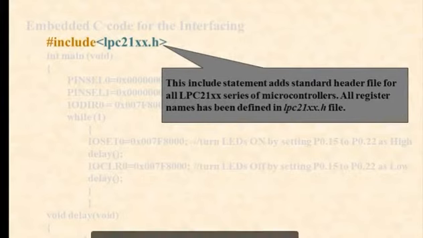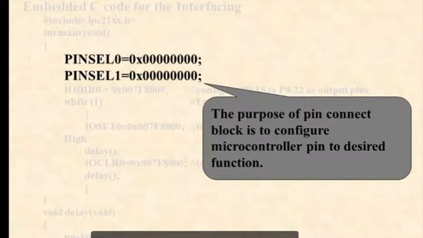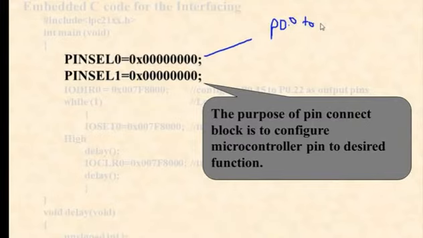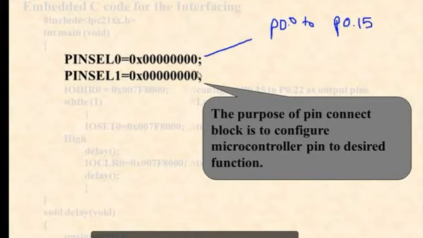Then next, PINSEL0 and PINSEL1. PINSEL0 is used for P0.0 to P0.15. Two bits, 00, select each pin as P0.0. All pins are general purpose.